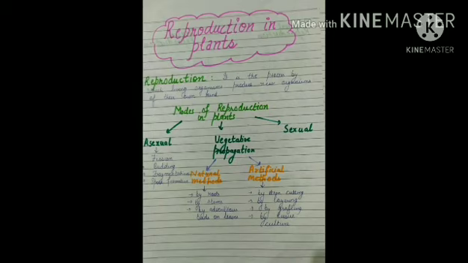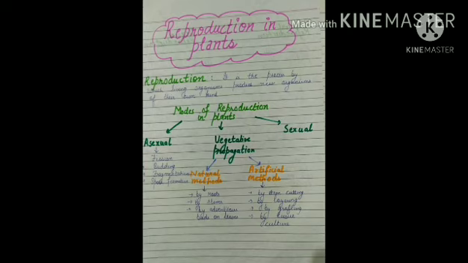So my dear students, we have studied the various modes of reproduction in plants. In the previous video, we studied the asexual means by which the plants may develop, and that includes fission, budding, fragmentation and spore formation. And in this video, we have studied the vegetative propagation by artificial method and by natural method.